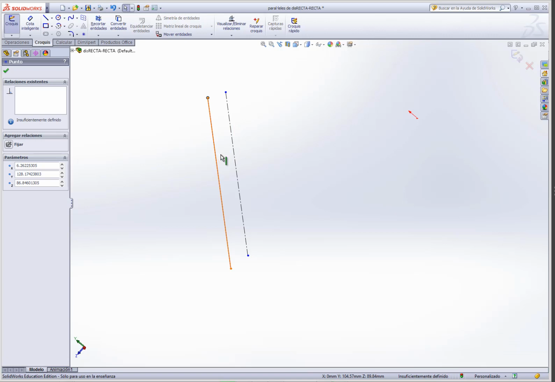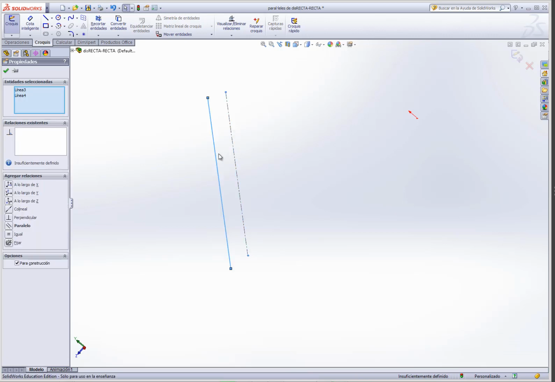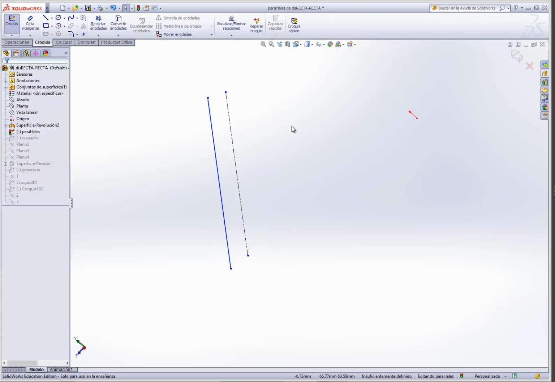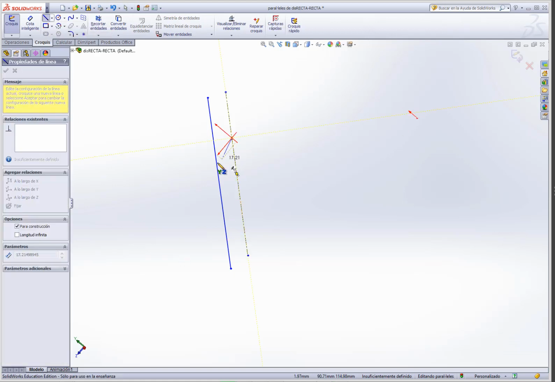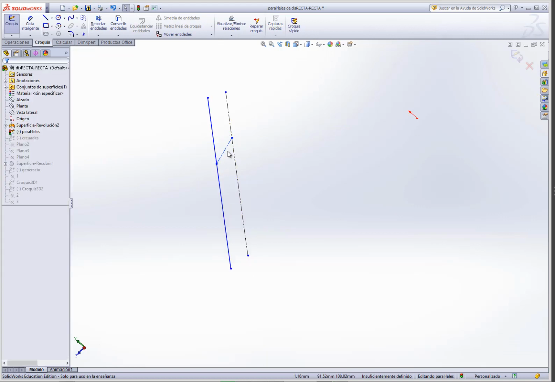Well, to be sure that the second line is not intersecting the first one, we set the parallel relation between both of them. We are sure this is not going to happen because the intersection point will be in the infinite. Well, so to measure the distance, as we already know, we need to draw a segment connecting both elements, and we need to set the perpendicularity relation between the segment and the lines.